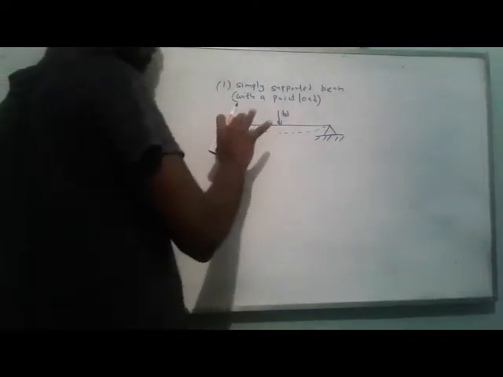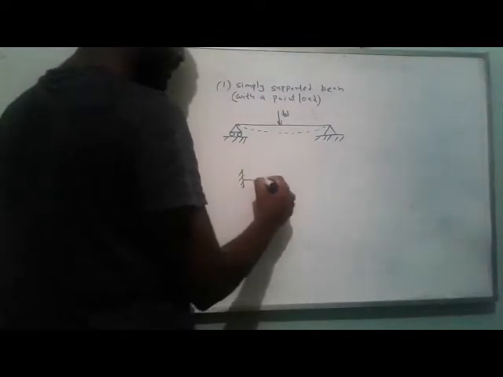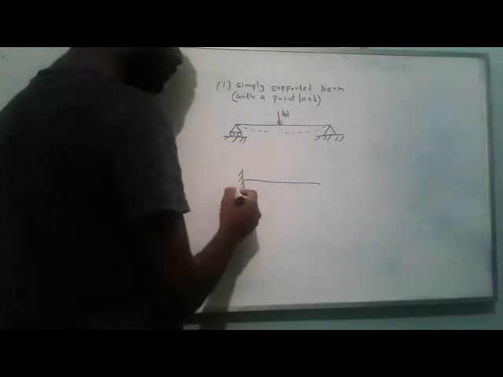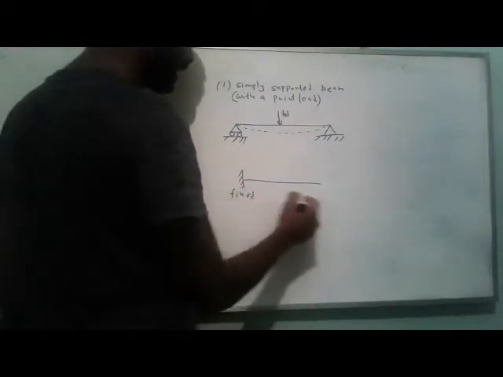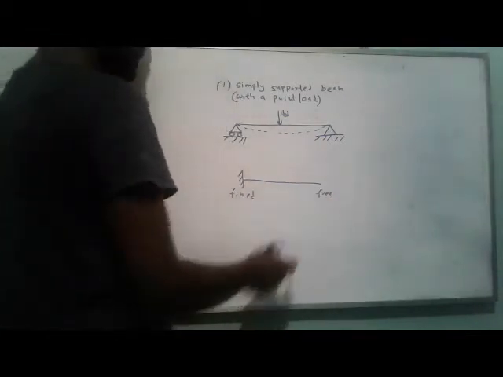So I'm going to compare this beam and this beam. This is a cantilever beam. Cantilever means one end is fixed, another end is free. This kind of beam is called a cantilever beam.